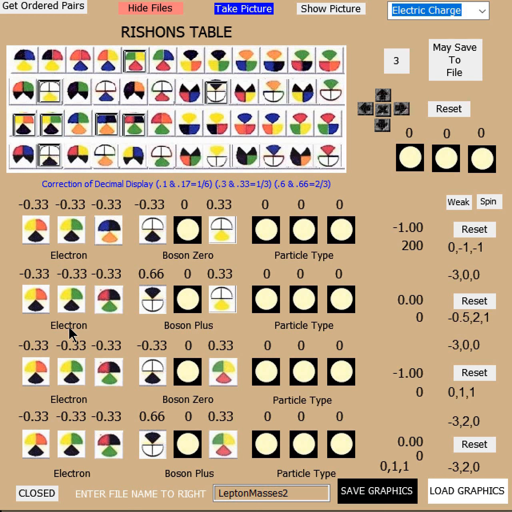Here we have a generic electron or muon giving us 200 electron units, and then we have a boson plus, which will invert the particle within the generation, giving us the muon neutrino.